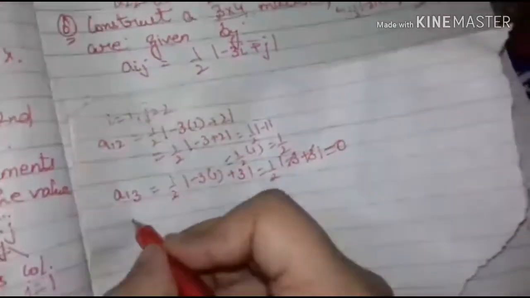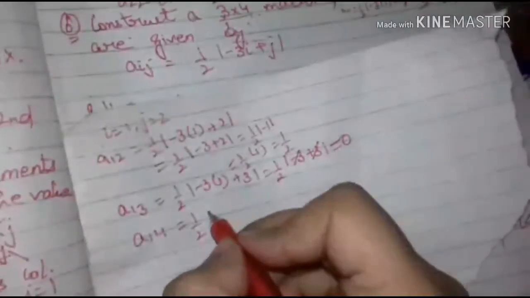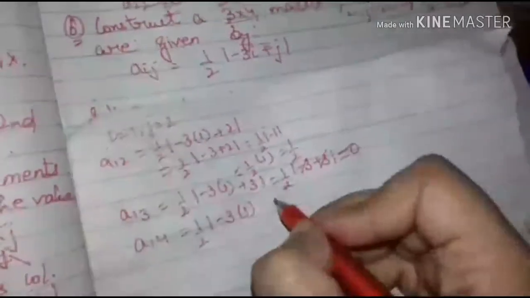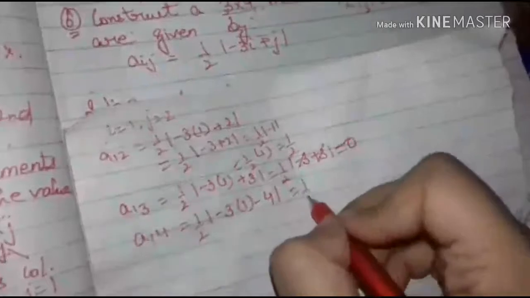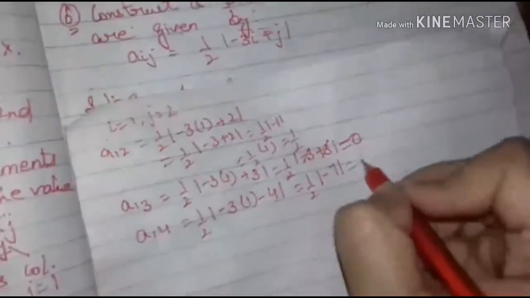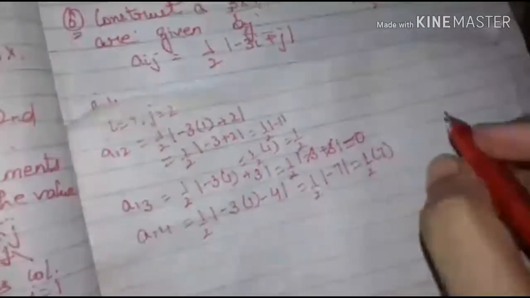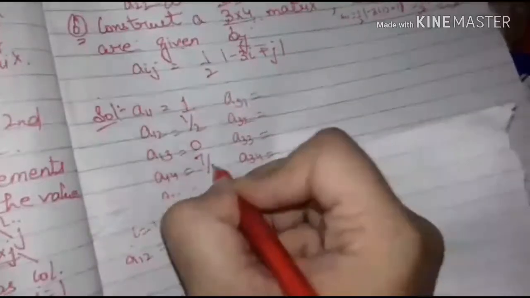Now solve A14. 1 by 2 mod of minus 3 into 1 plus 4. This will be 1 by 2 mod of minus 7, and 1 by 2 into 7 will be equal to 7 by 2. So the next element is 7 by 2.